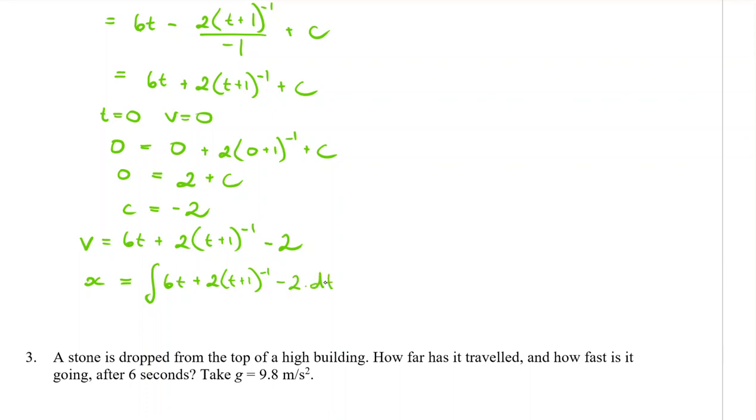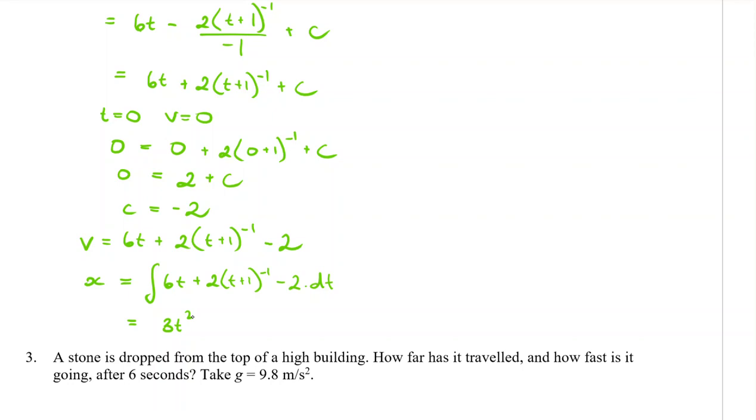Integrating, I will get 6t squared over 2, which will become 3t squared. I'm cancelling the 2 and the 6 straight away.